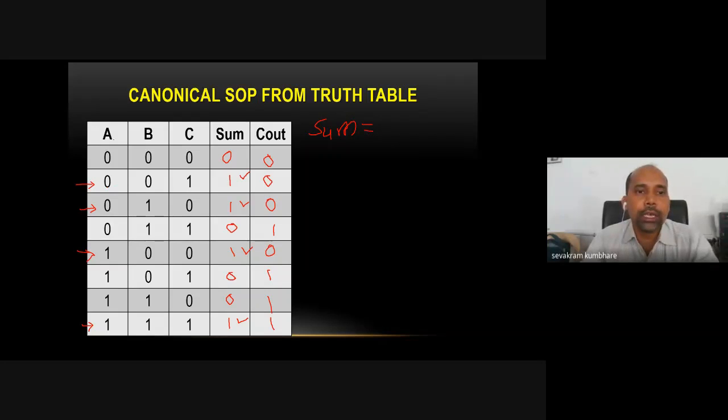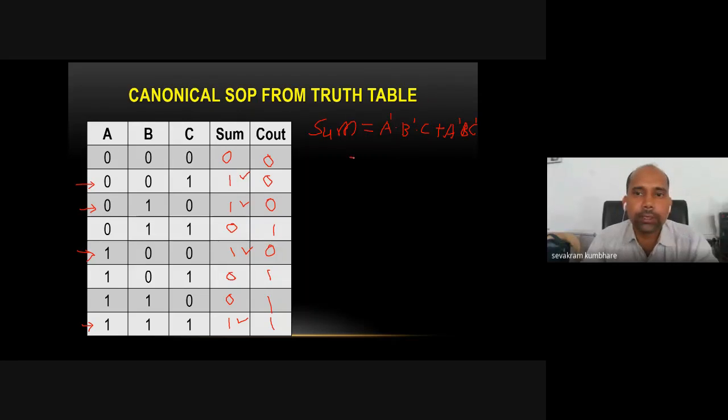Since A is 0, I write A bar. B is 0, so B bar. C is 1, so C, plus. Next row, A is 0, so A bar. B is 1, so B, and C is 0, so C bar.